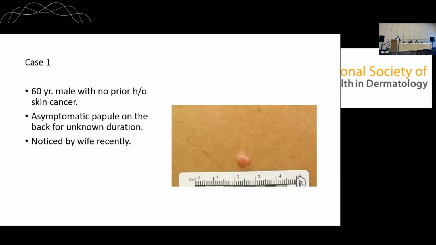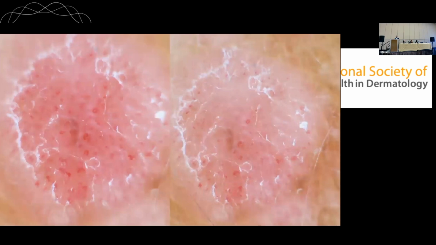So I'll give you 5 examples, and I think this is great. How many of you would biopsy this? I don't have any hands up. I'm going to show you the dermoscopy image of this. How many of you will biopsy now? Pretty much all of you, right? What you see is a pinkish background with white structures and polymorphous vessels. It's an amelanotic melanoma.